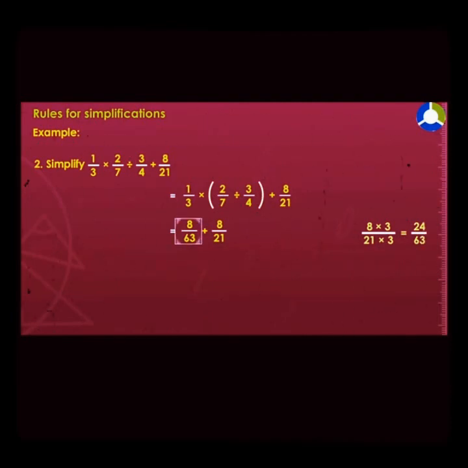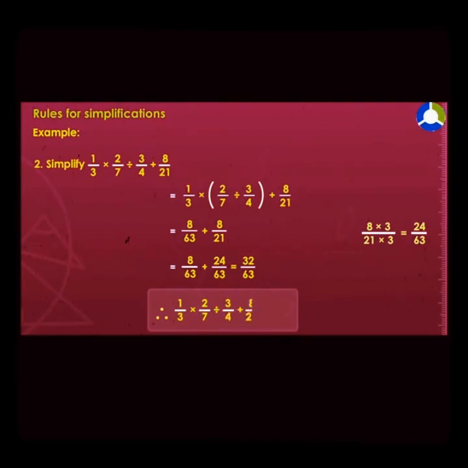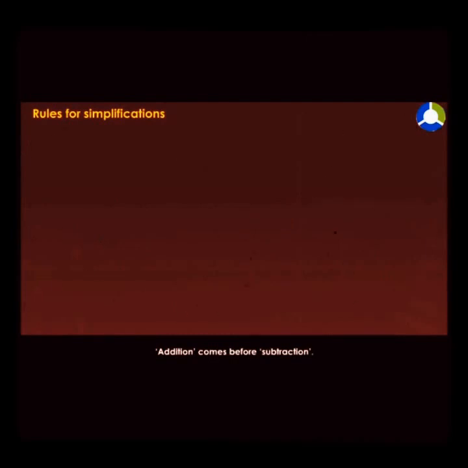Then to add 8 by 63 plus 8 by 21, it is enough to add 8 by 63 plus 24 by 63, which is 32 by 63. Therefore, 1 by 3 multiplied by 2 by 7 divided by 3 by 4 plus 8 by 21 equals 32 by 63. Remember that addition comes before subtraction.